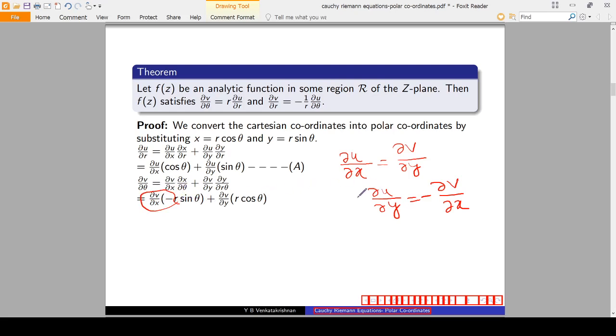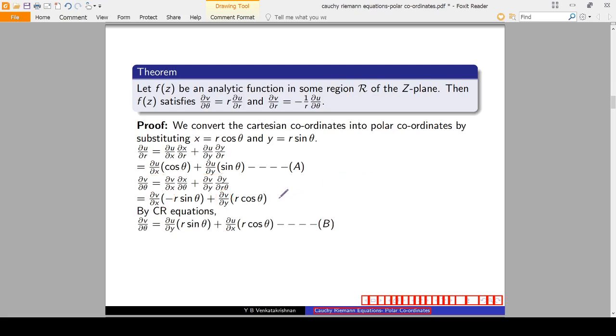I can replace it with dou u by dou y, and similarly dou v by dou y I can replace with dou u by dou x, because here in equation A I have partial derivatives of u with respect to x and y. When I replace dou v by dou x and dou v by dou y in terms of partial derivatives of u using CR equations, I get another equation, namely B.